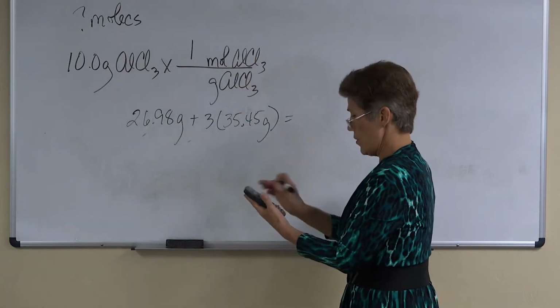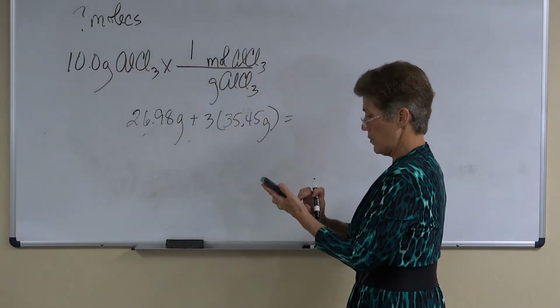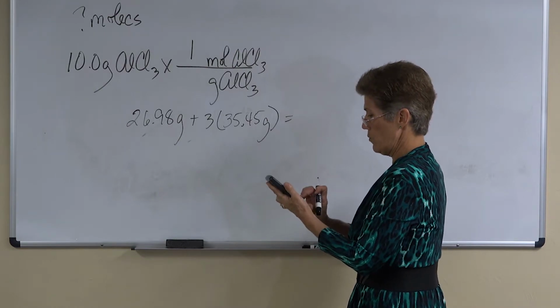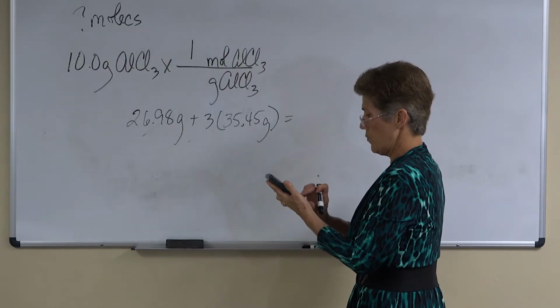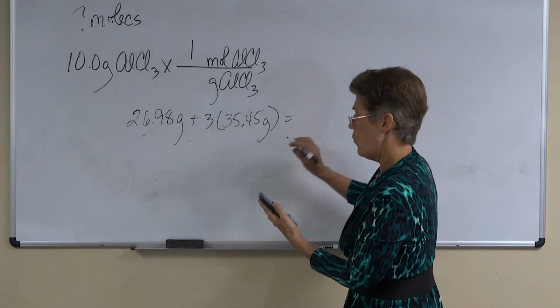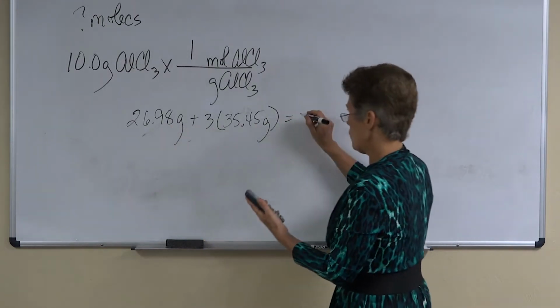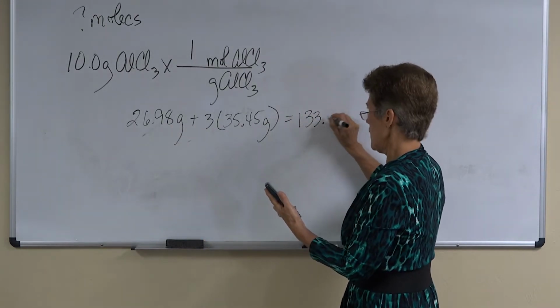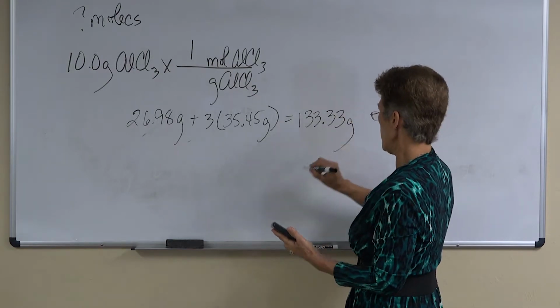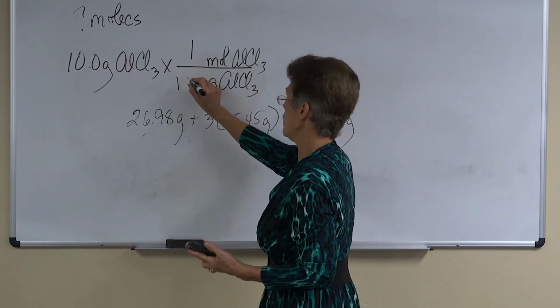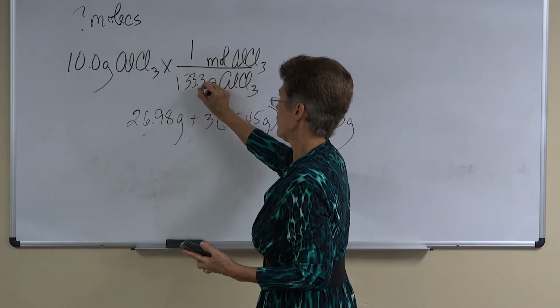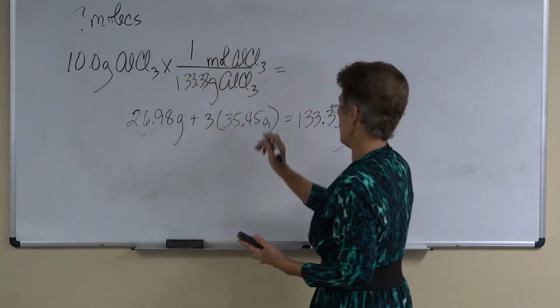So we're going to go 3 times 35.45 plus 26.98 equals. We go to the hundredths place because we're adding or subtracting. And so that's what came out of my calculator. So now I can stick this in here. 133.33. A lot of 3's there, huh?